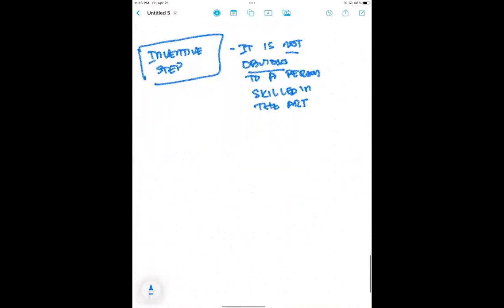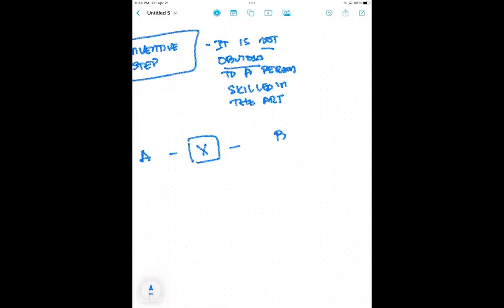Let's say, for example, A claims that he invented X. Now, when the patent examiner was examining the application of A, the patent examiner asked B, what can you say about X? Is it something that is obvious to you or not?